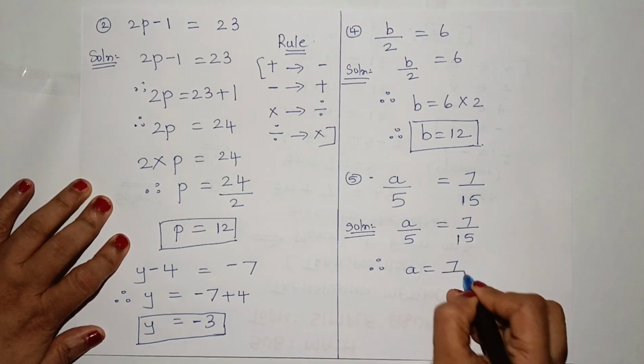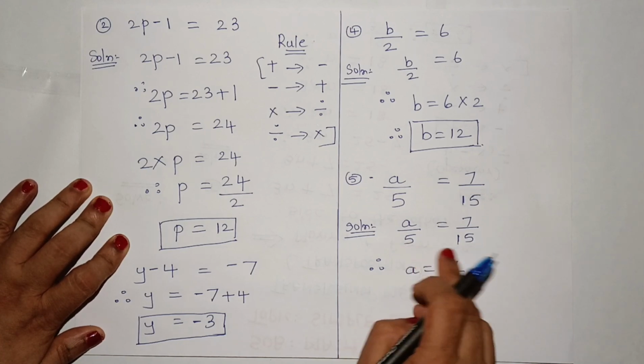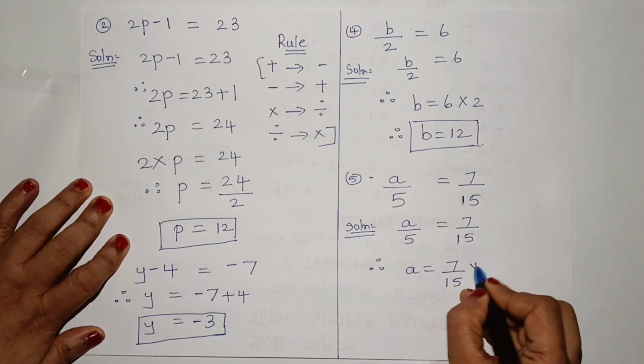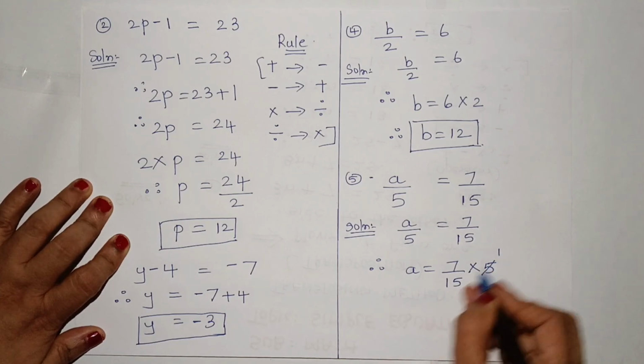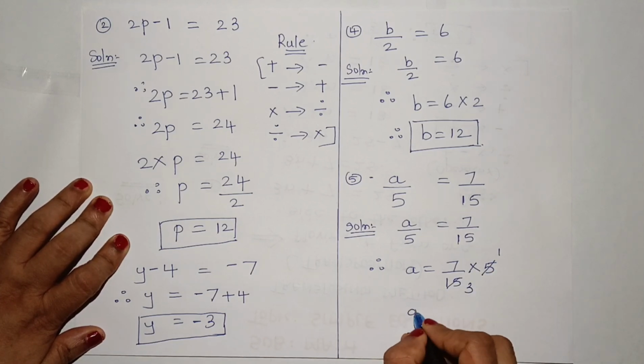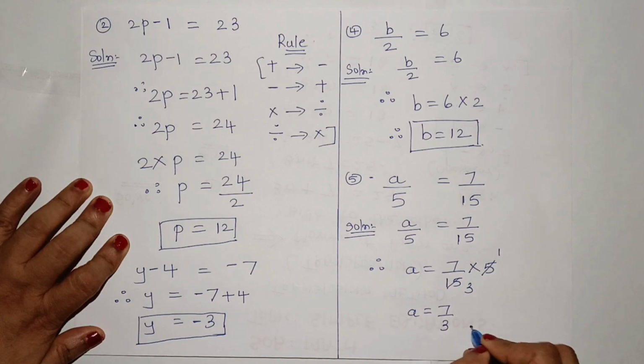First write down the expression which is given on RHS. Now shift this 5 to RHS, it becomes multiplication. So 5 ones are 5, 5 threes are 15. a equals 7 by 3, which you can either leave like this as an improper fraction, or you can convert it into a mixed fraction: 2 1 by 3.